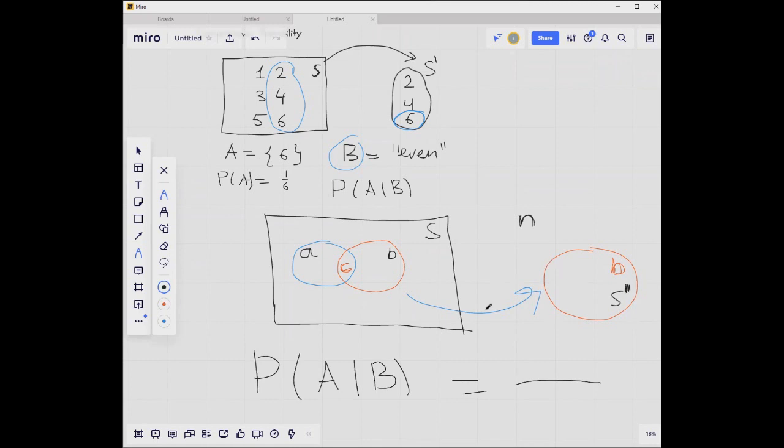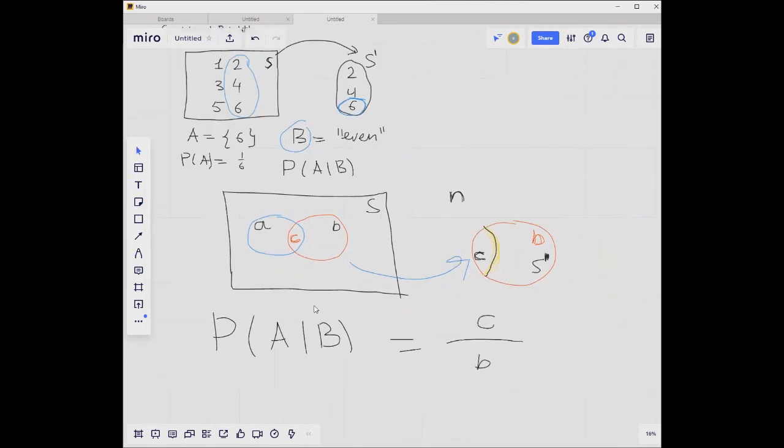Now we are looking for the part of A in B, which is exactly their intersection. There are c outcomes in their intersection, meaning that the probability of A given B is equal to the ratio c over b.